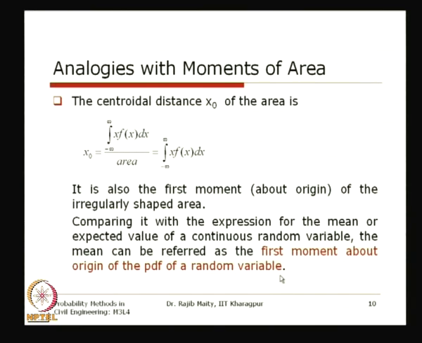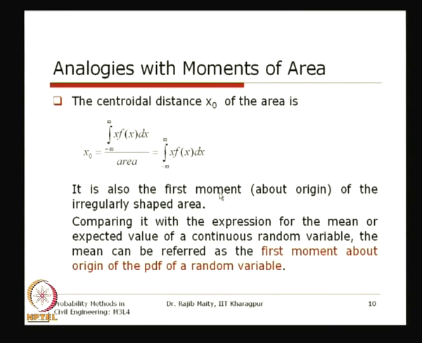This is how we draw the analogy: the total area, taken with respect to this moment and multiplied by its distance from the origin. So this first moment about the origin is nothing but its mean, which is equal to its expectation.